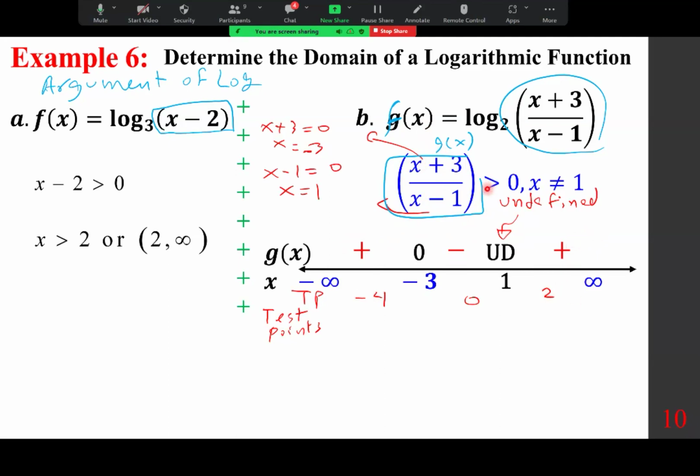So what are we looking for? Larger than 0, and x cannot equal 0.